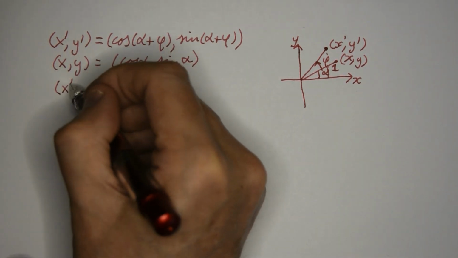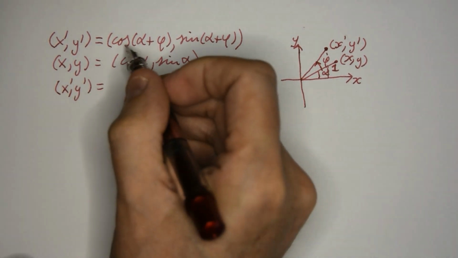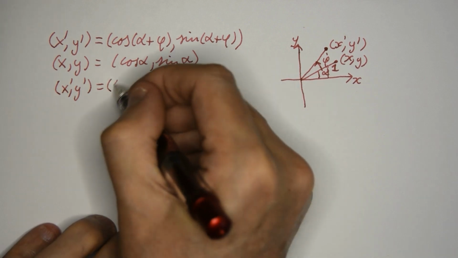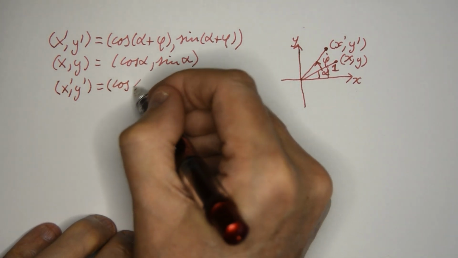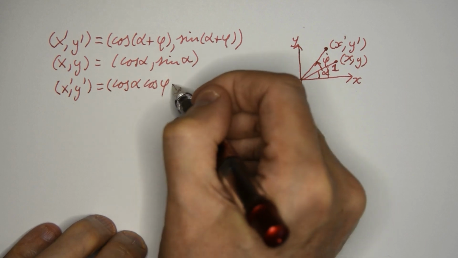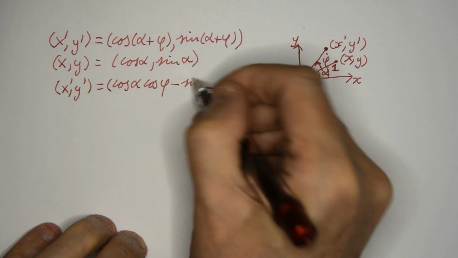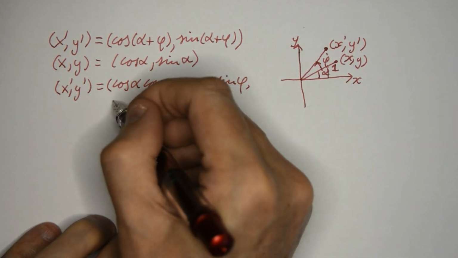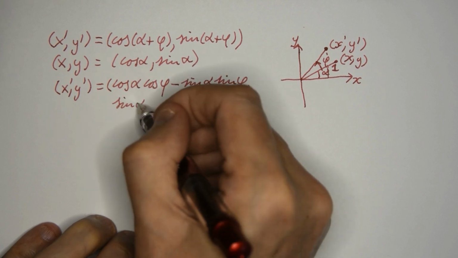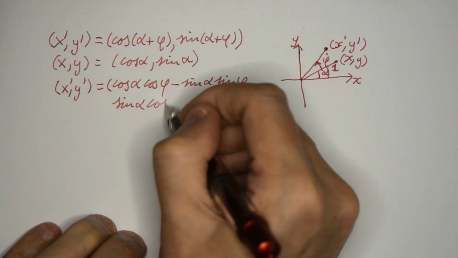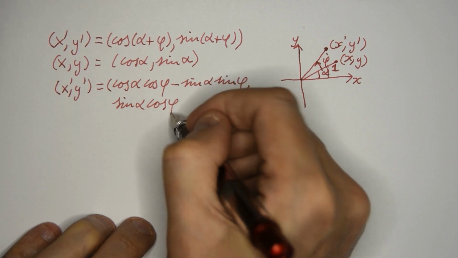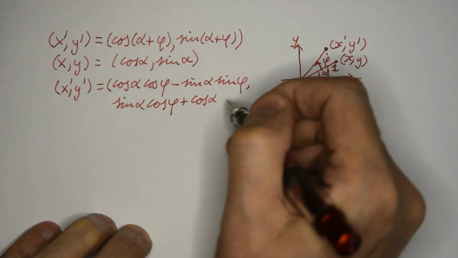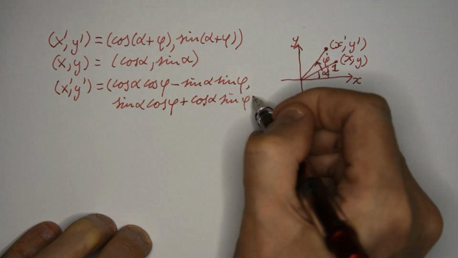So we go to x-accent, y-accent, and we're going to use trigonometric formulas, which will give us cosine alpha cosine phi minus sine alpha sine phi, comma, now we go to the second one and work that out using those trigonometric formulas, which by the way I explained in one of my previous videos, plus cosine alpha sine phi.